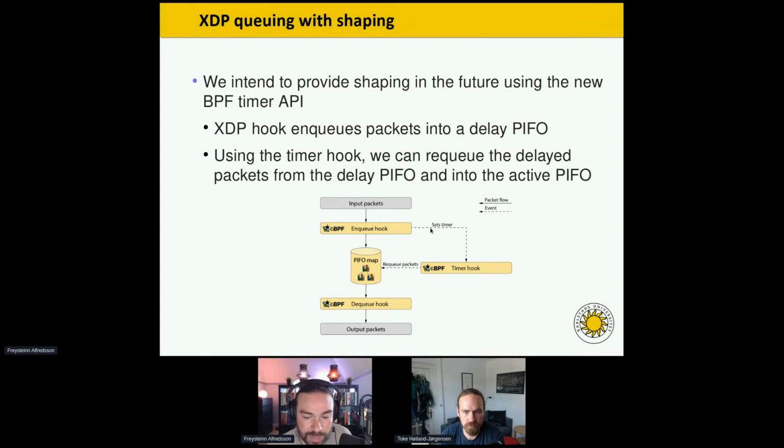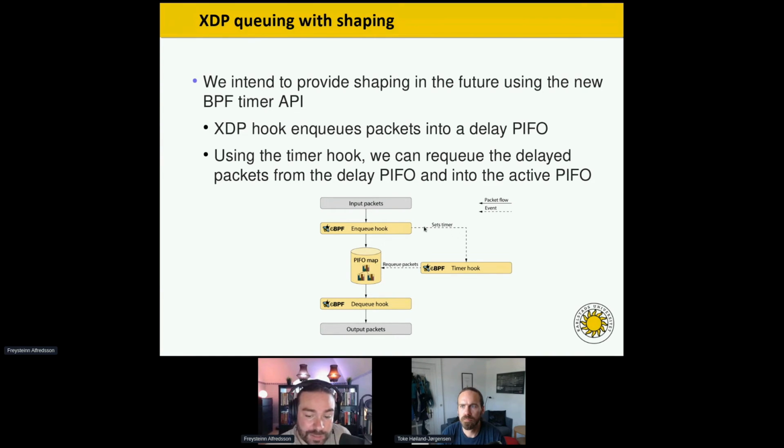We want to do that by using the current BPF timer API that's been added to the kernel, or was very recently added if it's not there. And the idea is that the enqueue hook will then add packages to a PIFO which is not active, as in the dequeue hook does not pull packages from that particular PIFO.